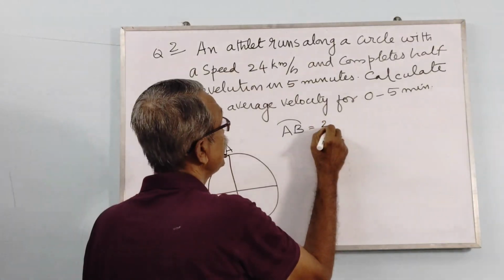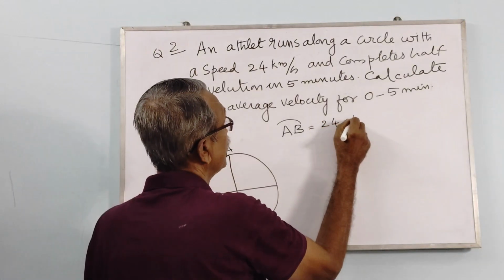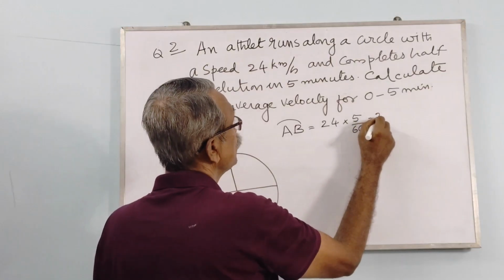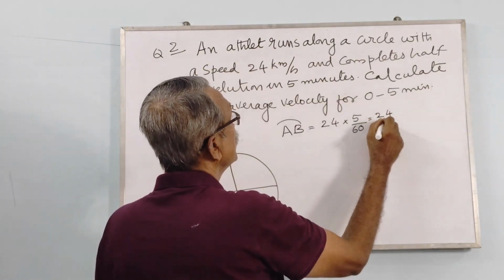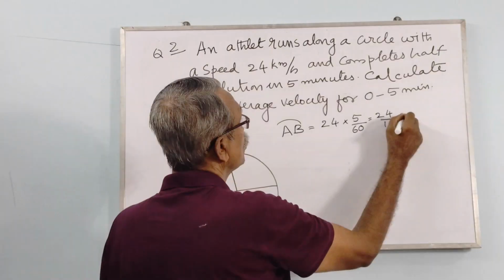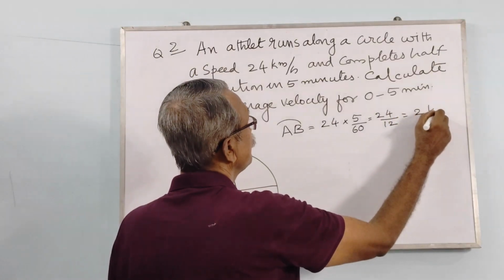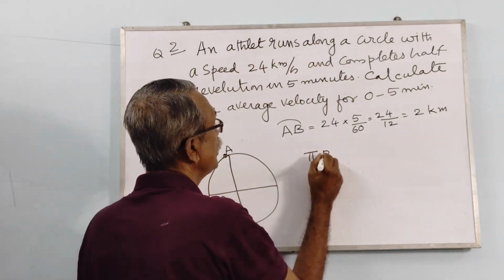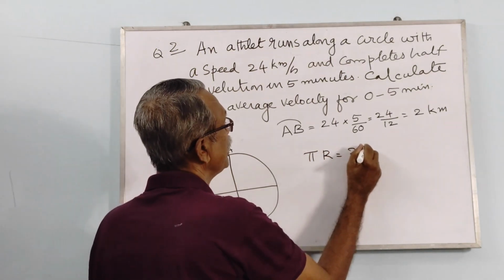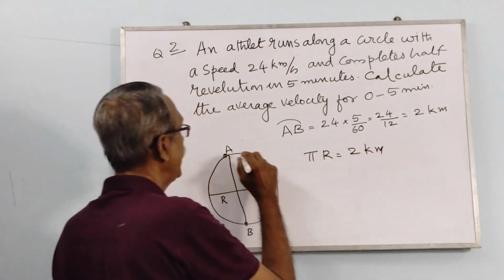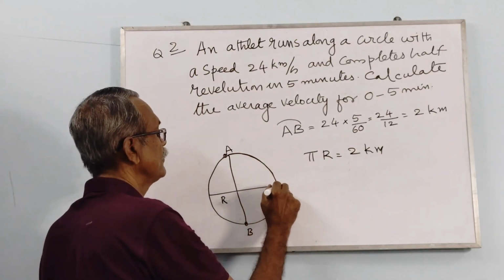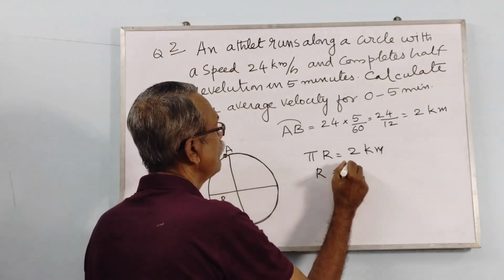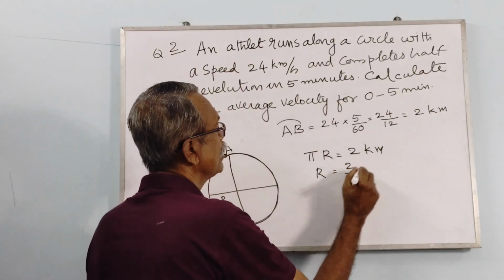Therefore, 24 multiplied by 5 divided by 60, or that is 24 divided by 12, equal to 2 kilometer. Therefore, pi r is equal to 2 kilometer. This is half circumference, pi r. Therefore, r is equal to 2 divided by pi kilometer.